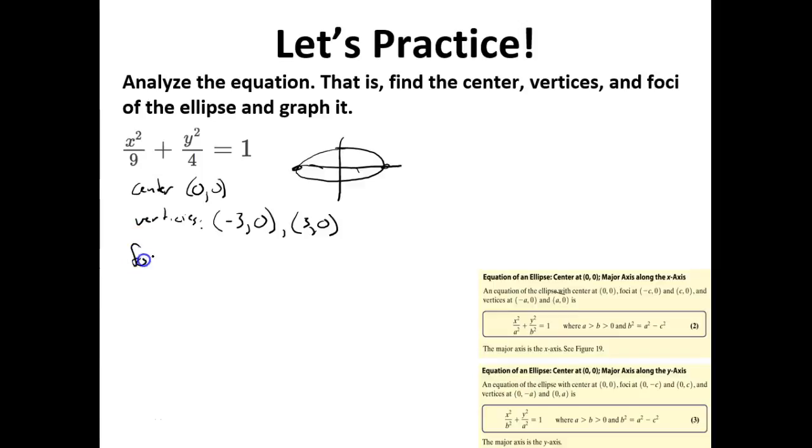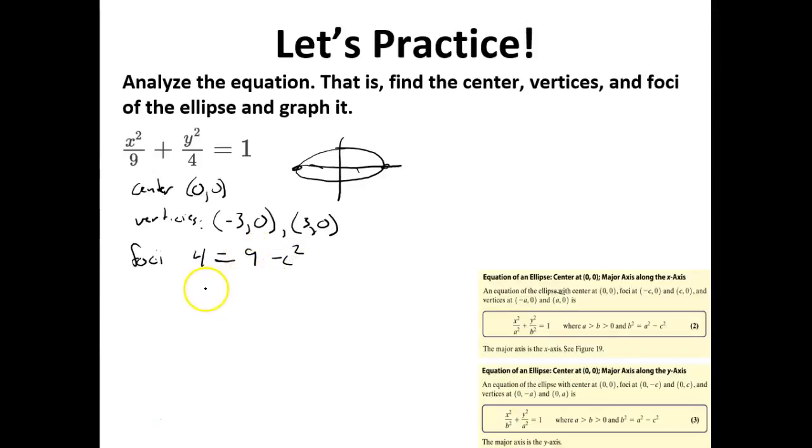Foci. So our foci are at negative c and positive c. We can find c by this equation, this part right here: the b squared, which is the 4, or the smaller part, is equal to the a squared, which is what's under here, 9, minus the c squared.